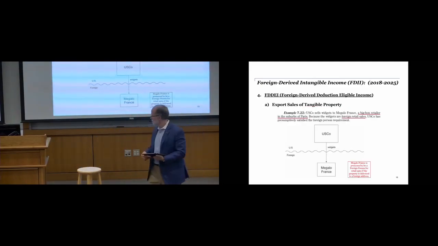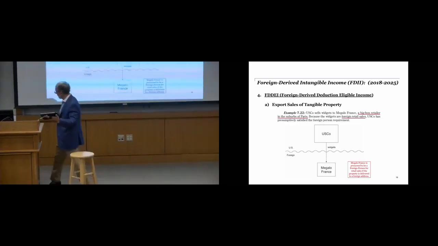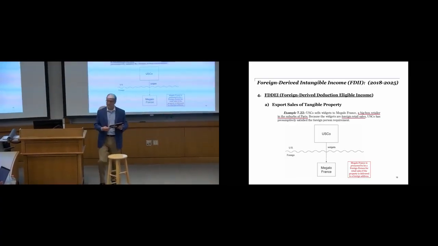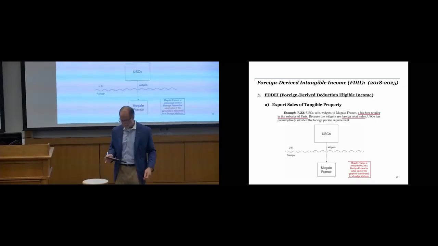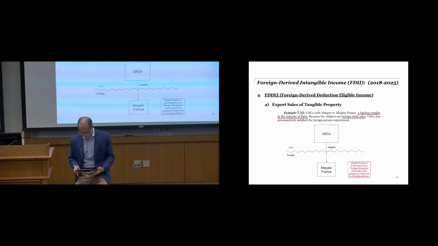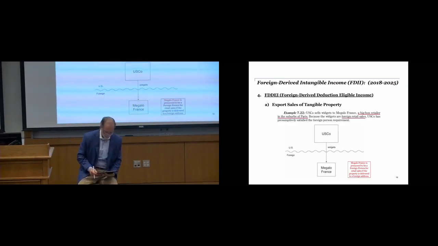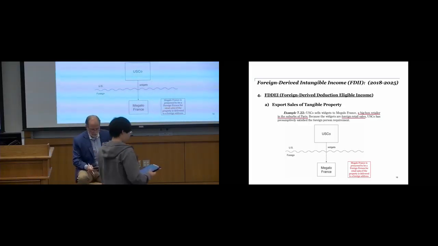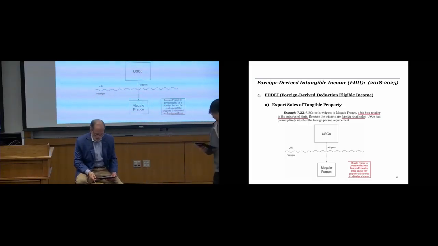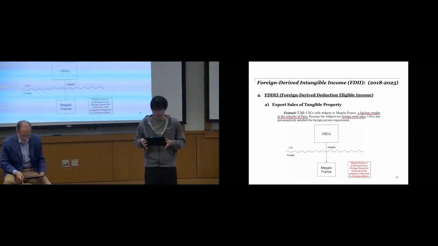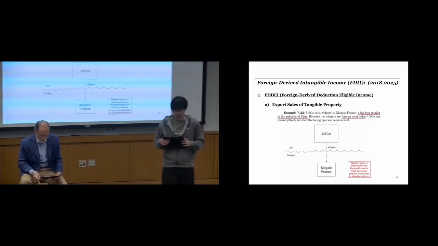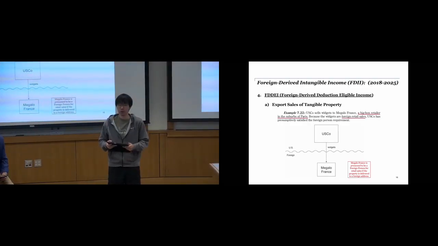In this example, we see that US Co sells to Megalo, France, a big box retailer in the suburbs of Paris. Because of the widgets of foreign retail sales, the US Co has presumptively satisfied the foreign person requirement.